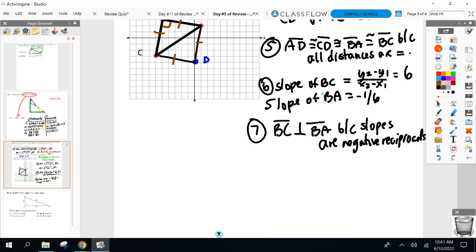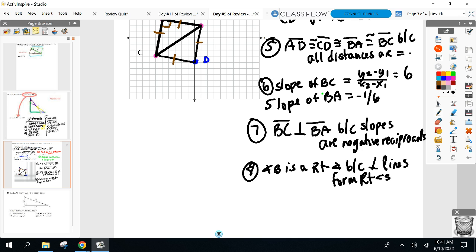Angle B is a right angle. How do you know it's a right angle? Perpendicular lines form right angles. And then, guess what we have on our hands now? Finally, ABCD is a square.